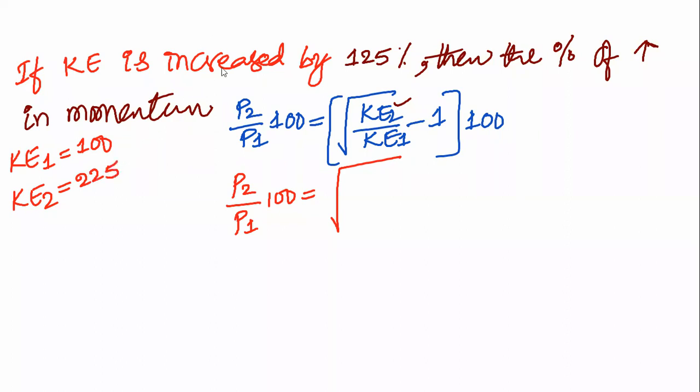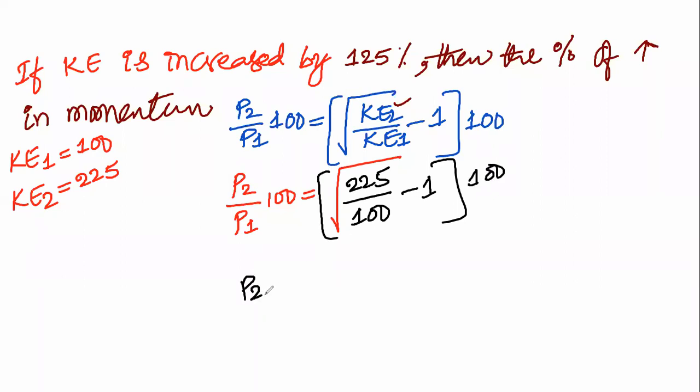So square root of 225 divided by 100, minus 1, into 100.